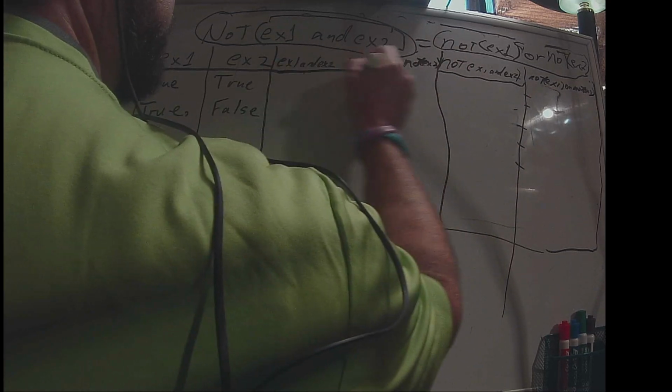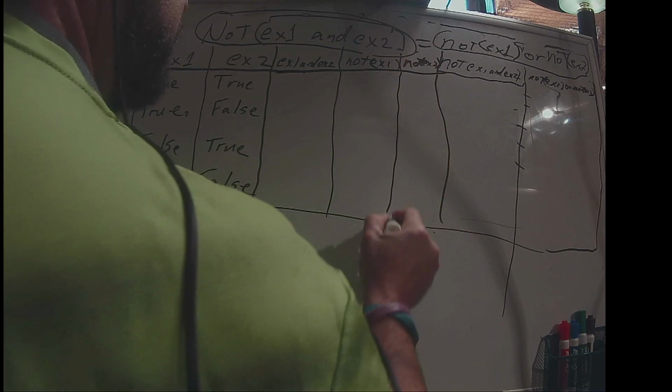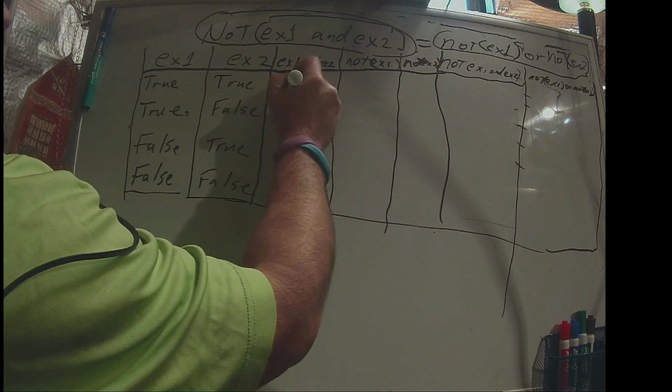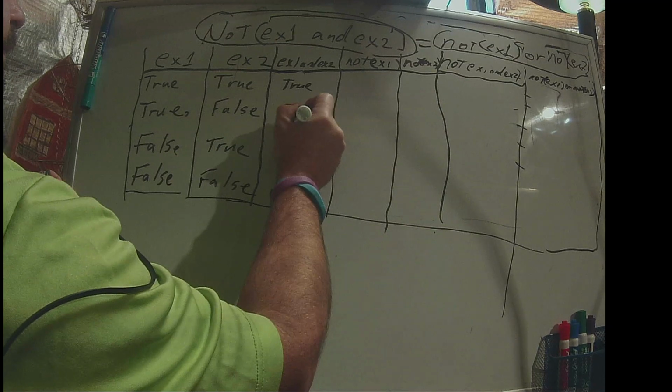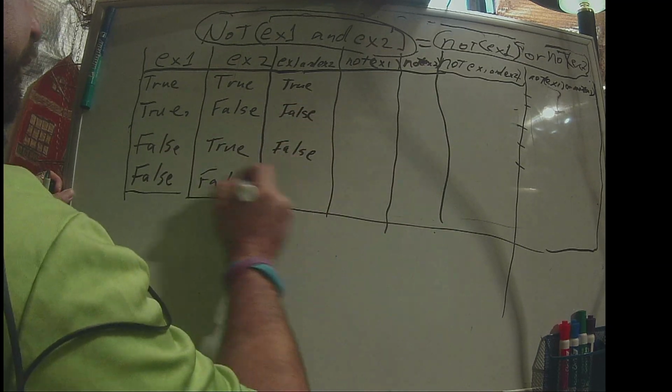Okay, so let's start filling in the columns. EX1 and EX2: true and true is true. True and false is false. False and true is false. False and false is false.